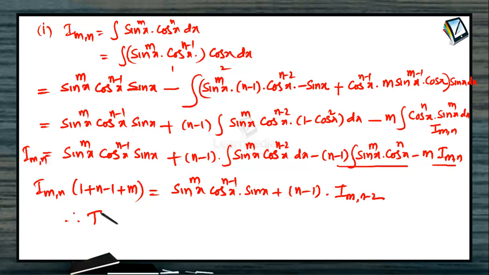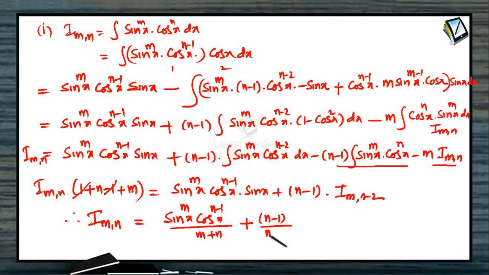Therefore here we have I m,n is equal to, here 1 gets away, (1+n) so sin^m x cos^(n-1) x by (m+n) plus (n-1) by (m+n) of I m,(n-2). Is proved.